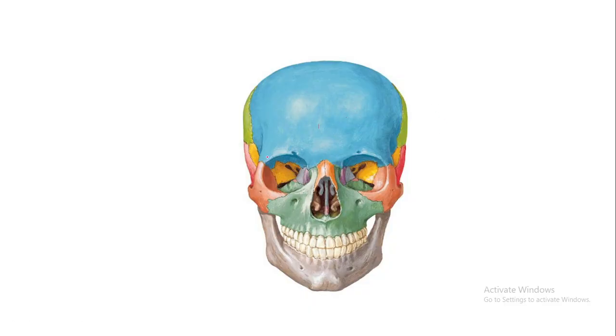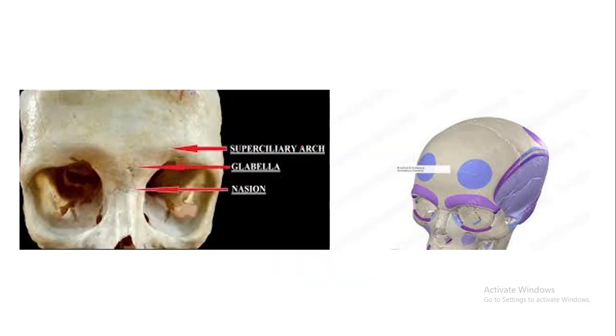Then the structures which are present in the upper and lower portions of the forehead are, first, the superciliary arches. Here we can see a curved bony elevation seen above the medial portion of the orbit, the medial one third of the orbit.